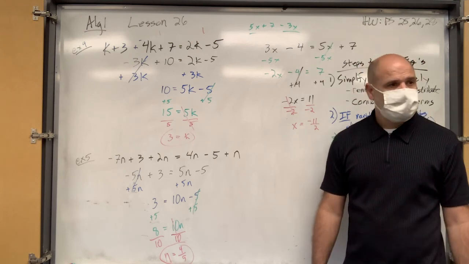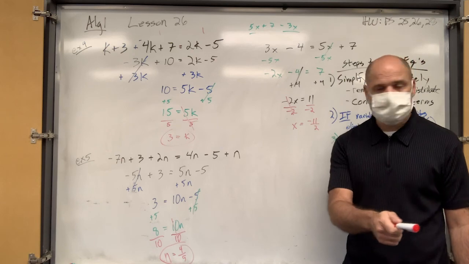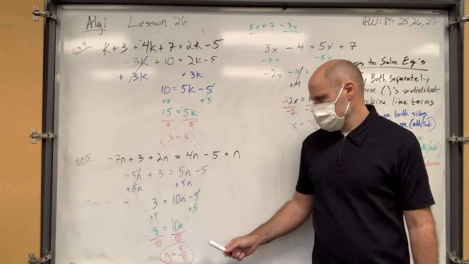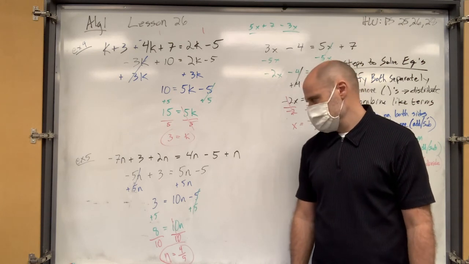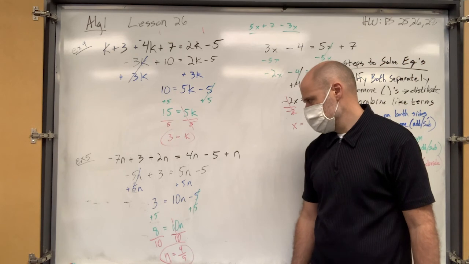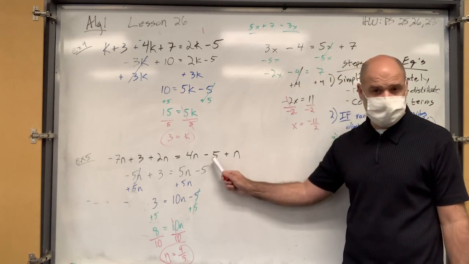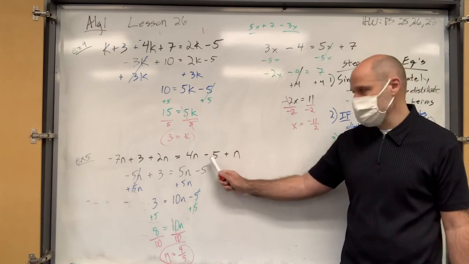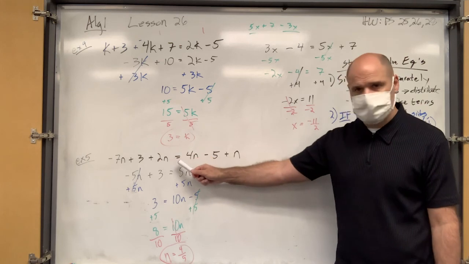Okay. And you have a question, Nathan? I just got 1 because on the right side, I took the n and I subtracted it from 4n. Yeah, because it looks like that, but really the 5 is being subtracted, but the n is being added. So remember, it's not what's to the right of the term, it's what's to the left of the term.